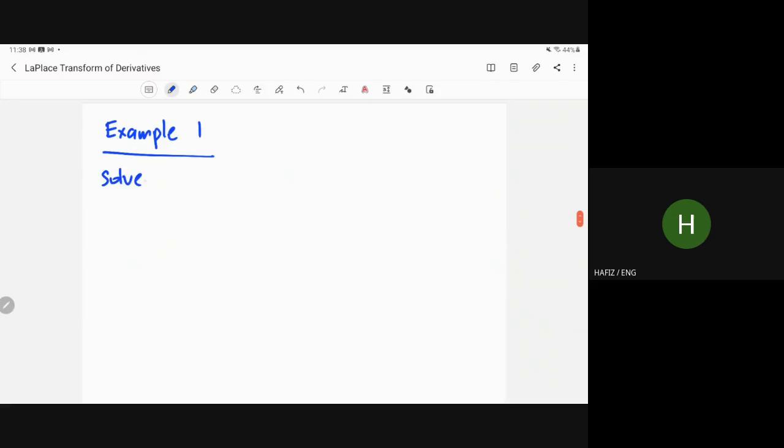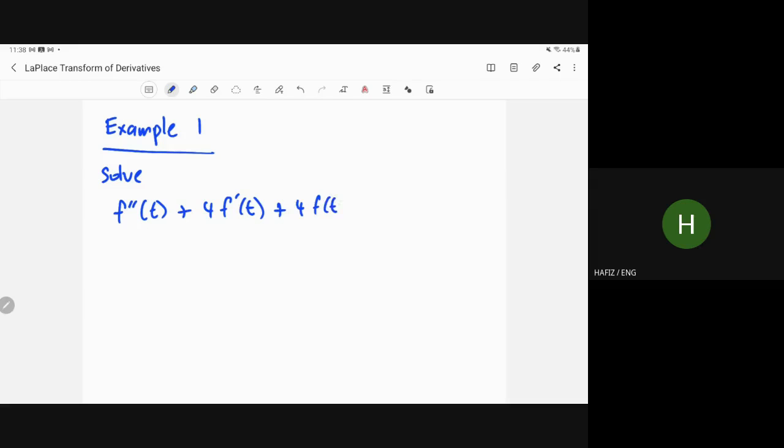Solve f''(t) plus 4 f'(t) plus 4 f(t) equals 42 t e to the minus 2t, given f(0) is 0 and f'(0) is 0.